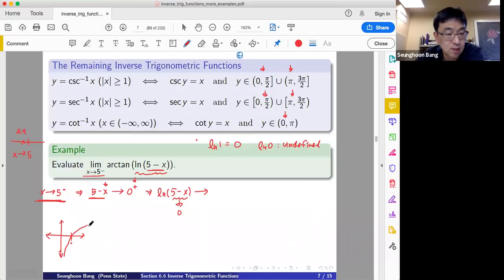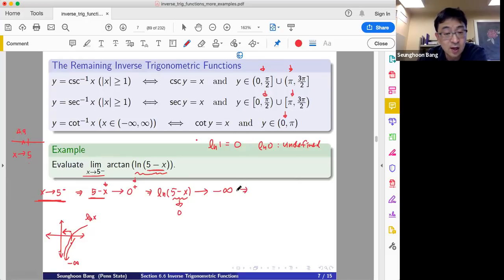This is ln of x. The inside one approaches 0. What's the corresponding ln function? The corresponding ln function approaches, yes, negative infinity. We have negative infinity. So like this.